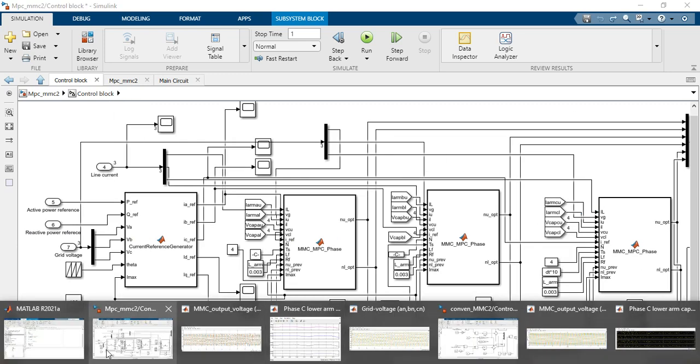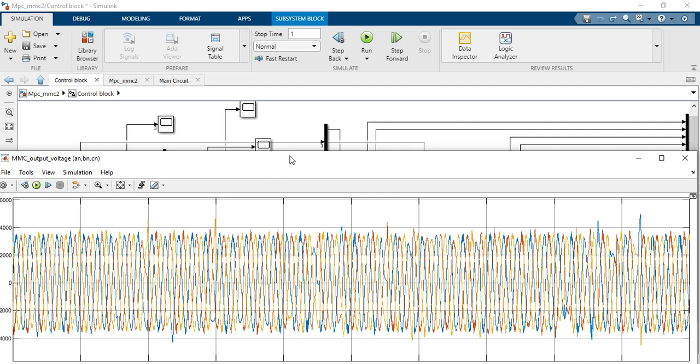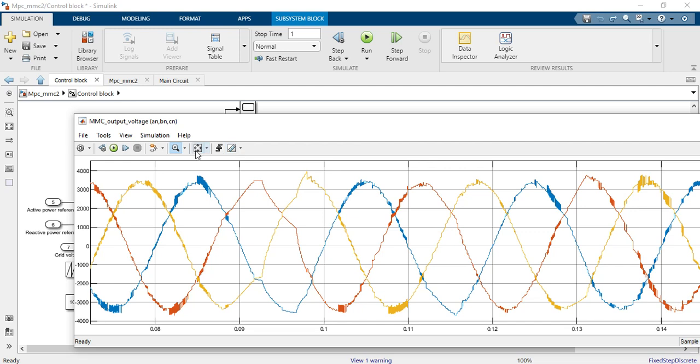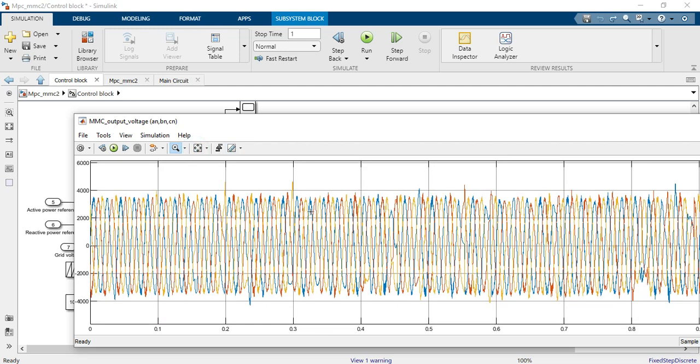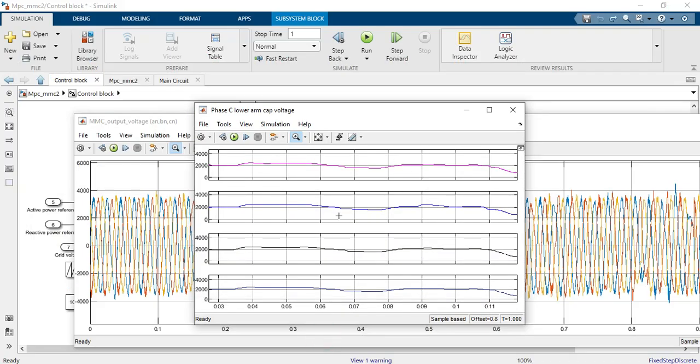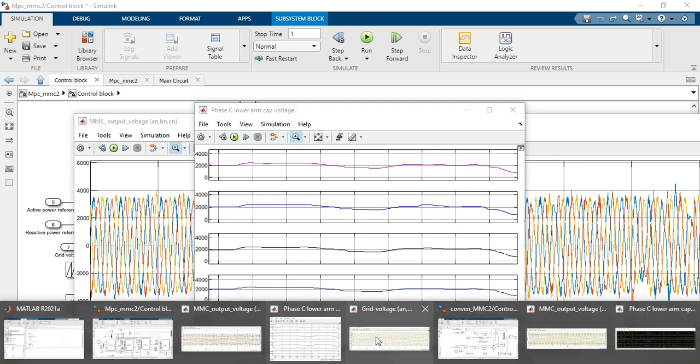All right. So let me show you the results. The results tell us a different story. If I zoom in, you can basically see this is the output voltage of the MPC. These are the capacitor voltages of the MPC.